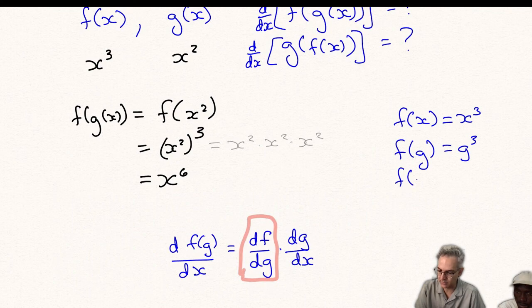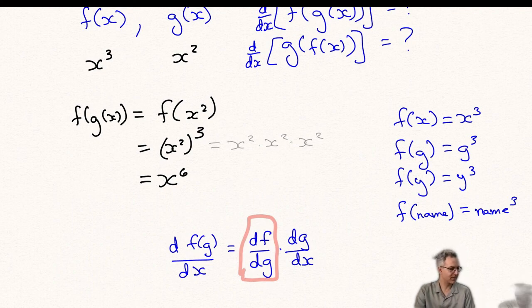Or I could have f of y is y cubed, or f of name is name cubed, right? Whatever is in there is simply a symbol for the thing that goes in. The function doesn't care what you call the input. The function is a thing that cubes whatever you put into it. That's what f is.